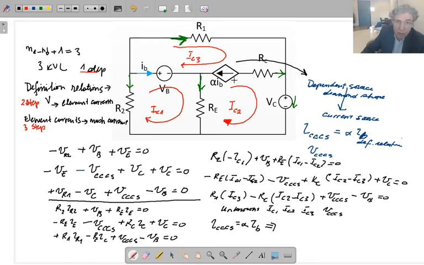So this is this element. This element current is this, and this element belongs to different meshes. So this element current is equal, since the direction is opposite to this one, this is minus IC2, and the direction of this one is the same as the element current reference, so plus IC3 minus IC2.